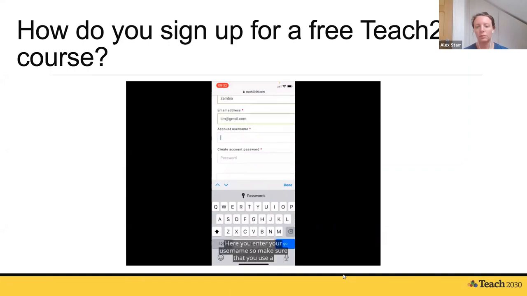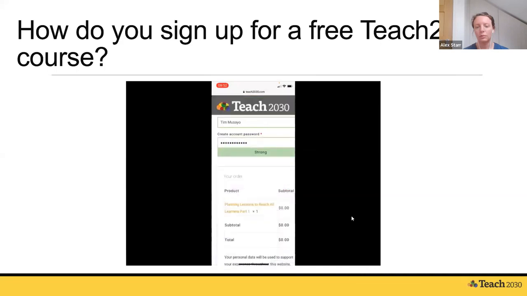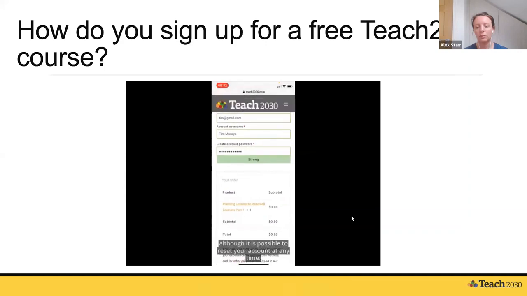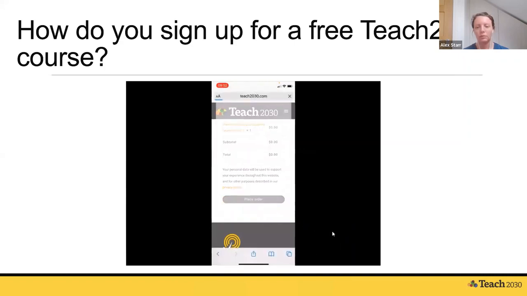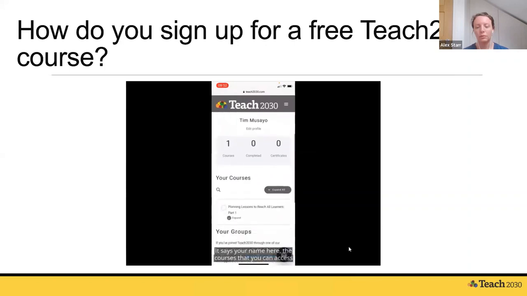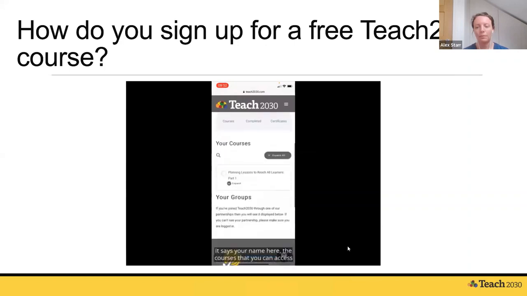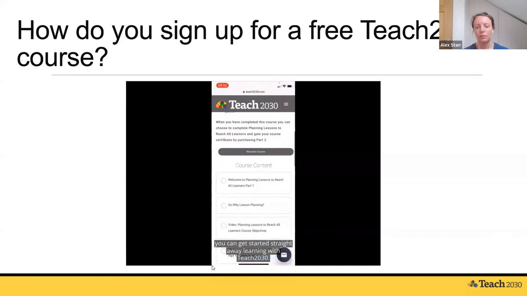Here you then enter your username. So again, make sure that you use a name that you are going to remember. And then you will be asked to create your own password. Make sure again it's something that you can remember, although it is possible to reset your account at any time. You then click Place Order. And your account will be created. You've now logged in. It says your name here, the courses that you can access. If you click on the course, you can get started straight away learning with Teach 2030.